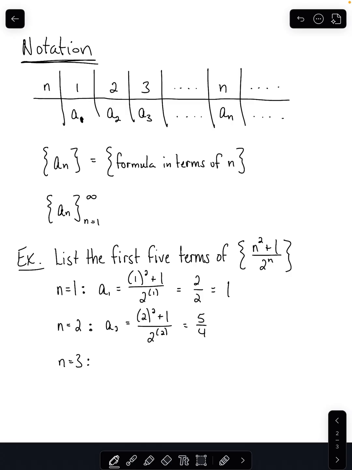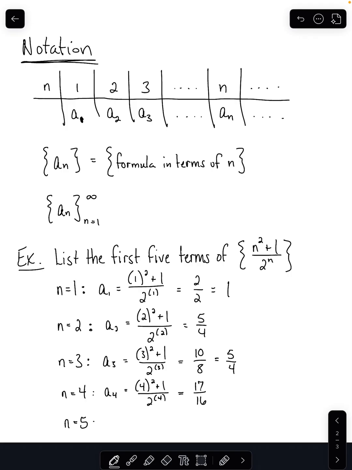When n is 3, a sub 3 would be 3 squared plus 1 over 2 to the third, which happens to also give us 5/4. In the case of n equals 4, we have 4 squared plus 1 over 2 to the fourth, which would be 17 over 16.